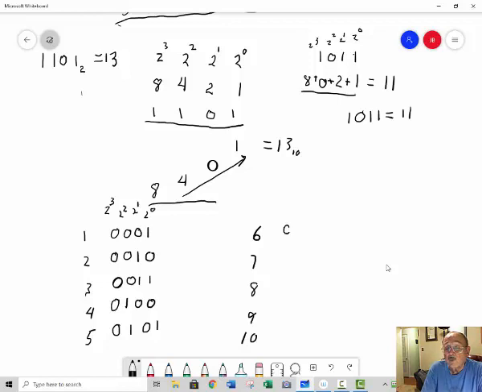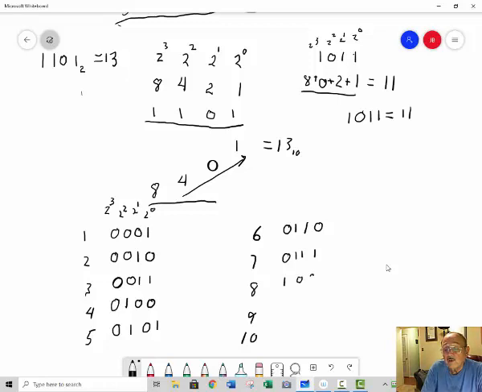Let's look at 6. What's 6? Well, it's not going to have a 2 to the 3. I can't have an 8. I can have a 4, and I can have a 2, but I don't need a 1. Okay, so that's going to be 4 plus 2. The 7 is going to be the 6 plus 1 more.